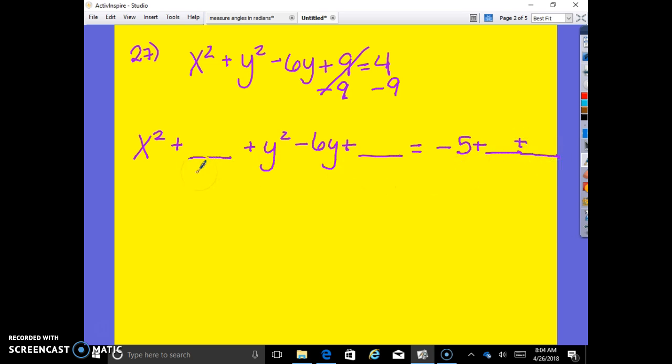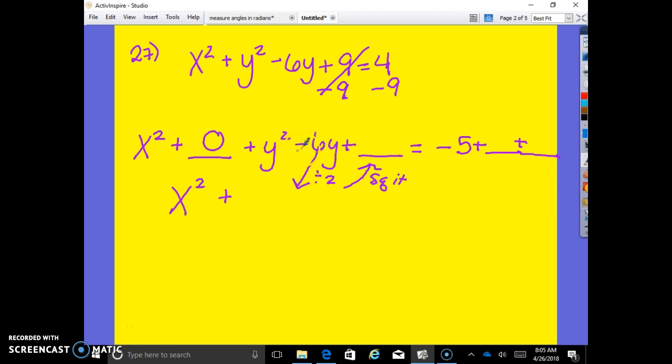Right here we have no x term to divide by 2 and square, so it's just going to be 0. We take our b term, divide it by 2, and then square it.